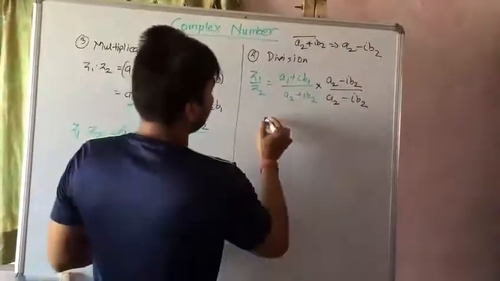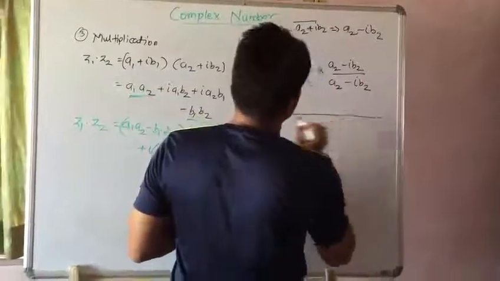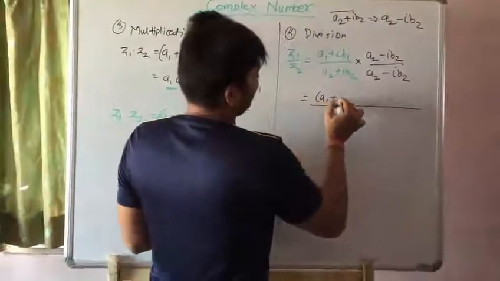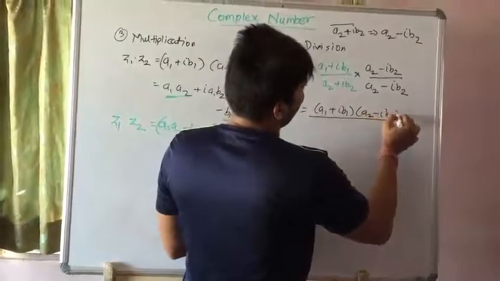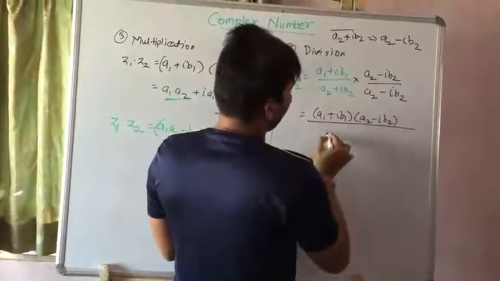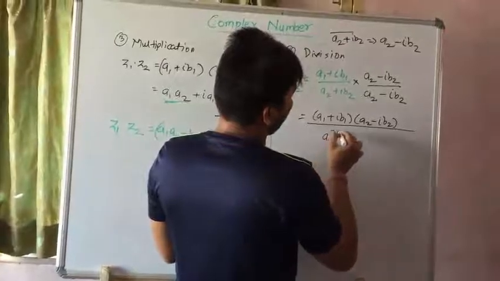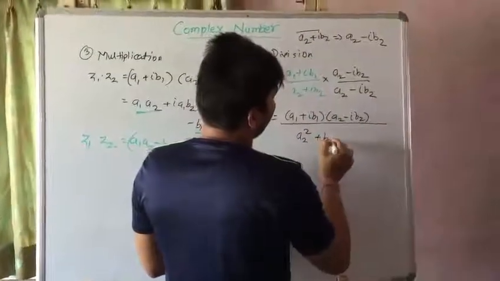So here, in the numerator a1 plus ib1 times a2 minus ib2, and in the denominator it will be a2 square plus b2 square.